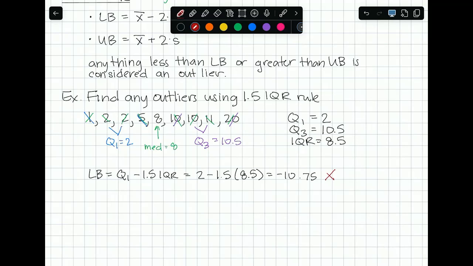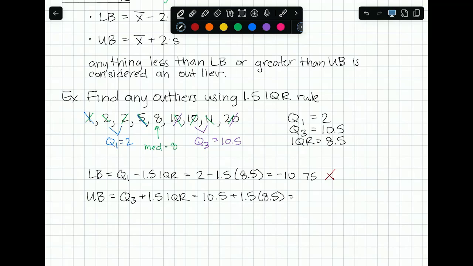The real question looking at this data set is, is 20 an outlier? Because the rest of that data set's pretty close. 20's kind of out there. So let's check the upper bound. So upper bound is Q3 plus 1.5 times the IQR. So 10.5 plus 1.5 times 8.5.